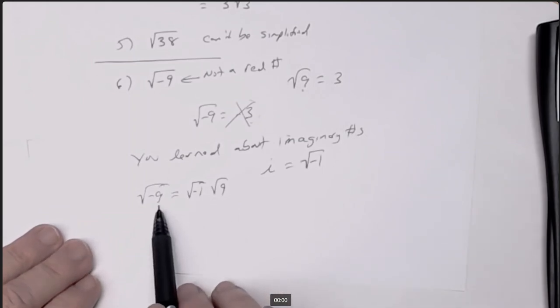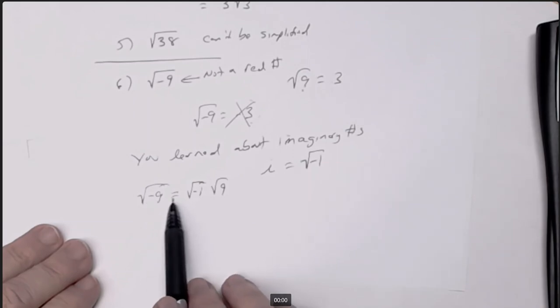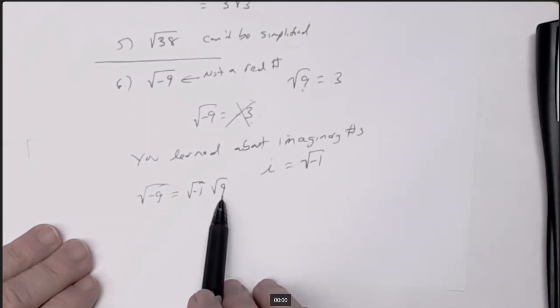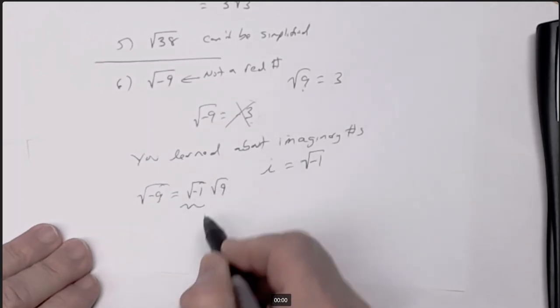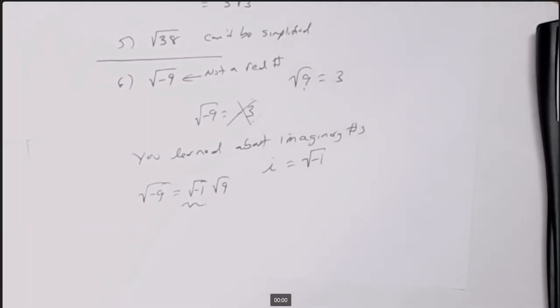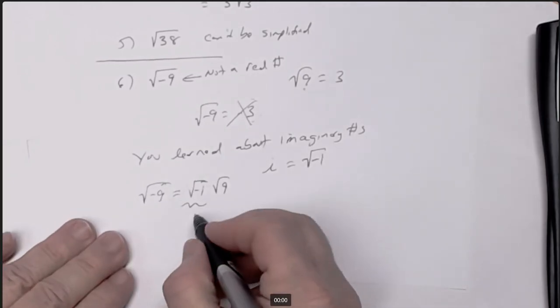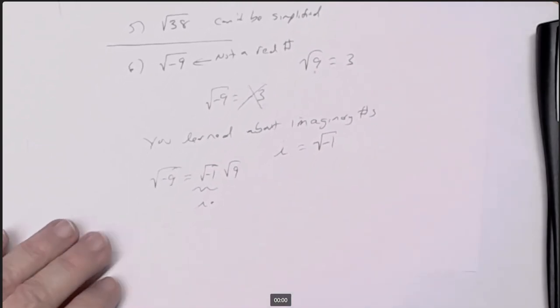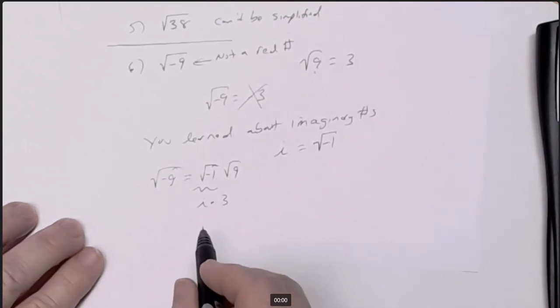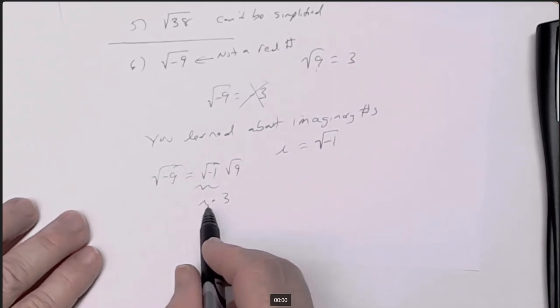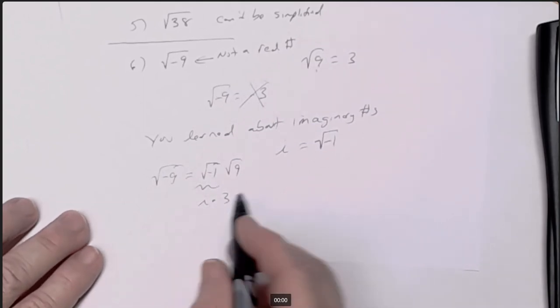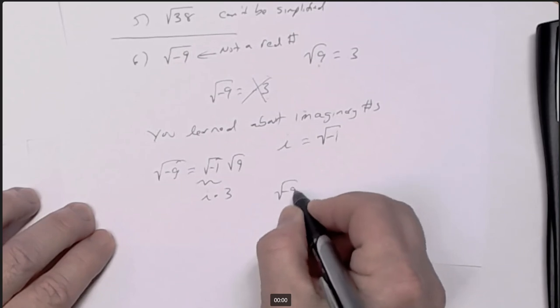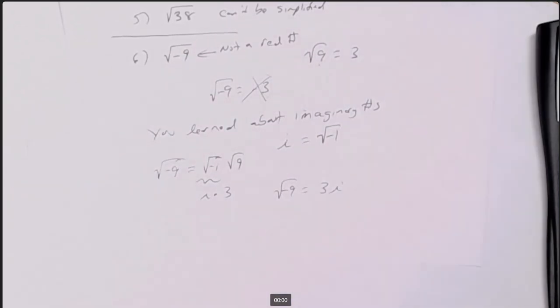Yes. Now, what is the square root of a negative 1 the same as? i times, what's the square root of 9? 3. So i times 3. But we prefer not to write it as i3, we prefer to write it as 3i. So the square root of a negative 9 is 3i. So whenever you take the square root of a negative number, you're going to get imaginary numbers.